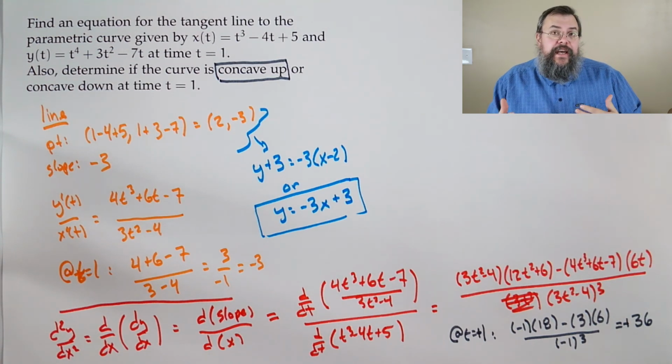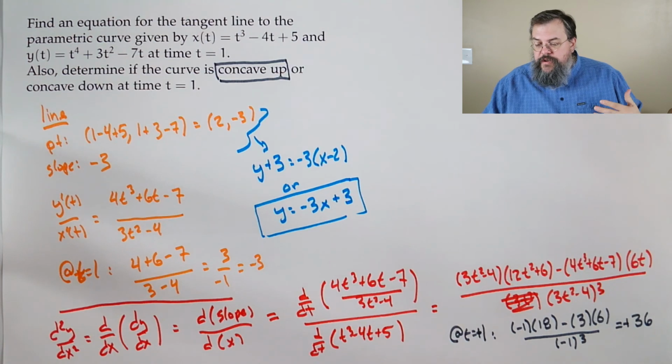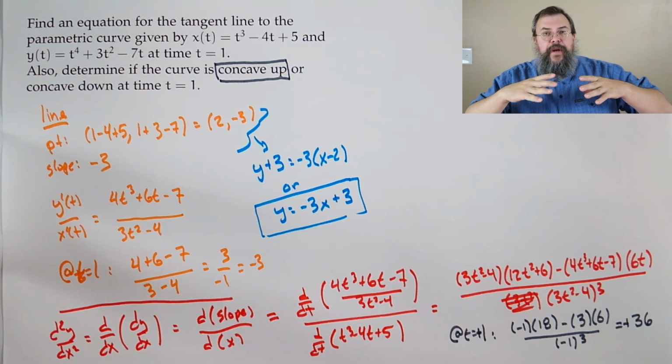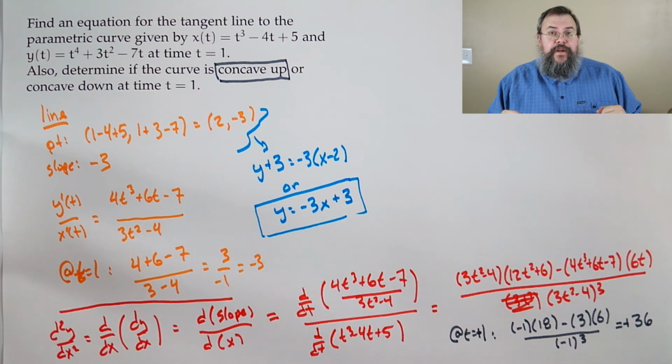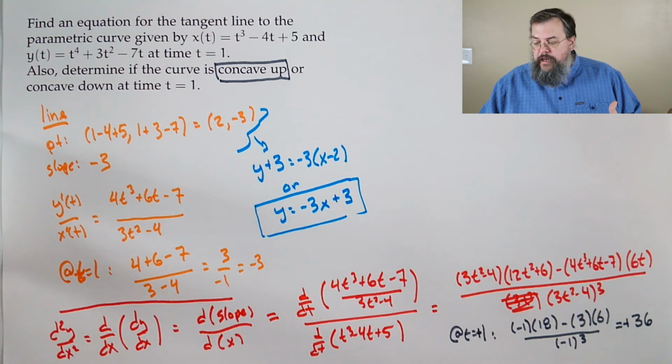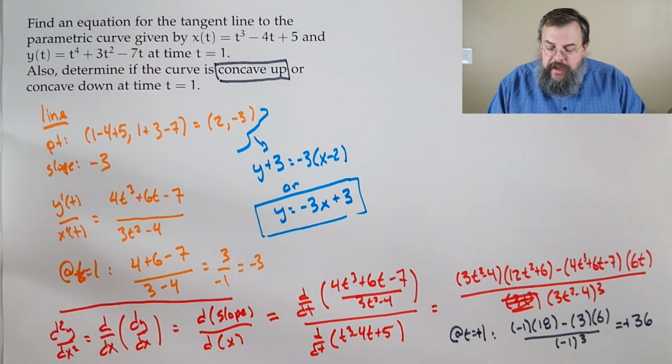Now, why would we want to ask this question? In some sense, we have a parametric curve and we're trying to get a sense of the behavior of what's happening at a particular point. The tangent line gives me a nice local behavior.